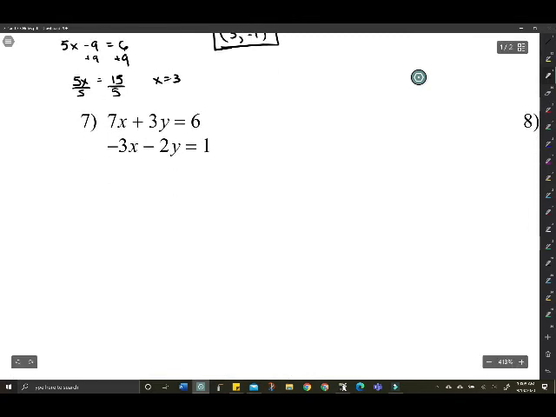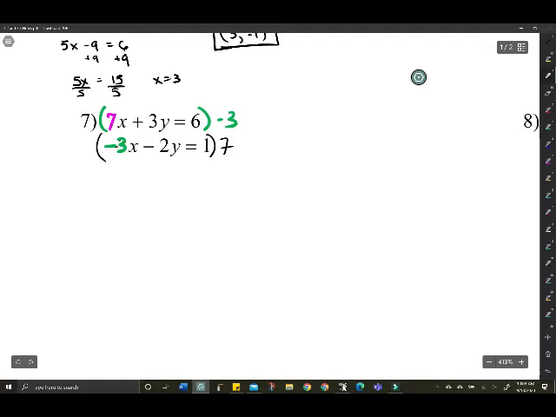Now 7, if you look at it, 3 and 2 are not really factors of one another, nor is 7 and -3. So what I always like to do in this case is just pick the 7 maybe and the -3 and just multiply the other equation by that coefficient. So I'm going to multiply the top by a -3 and the bottom by 7.